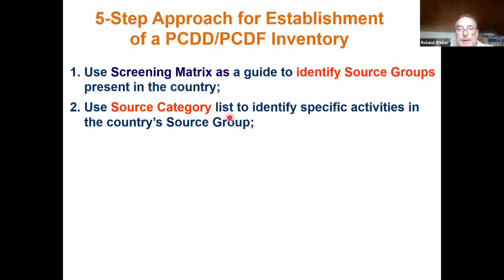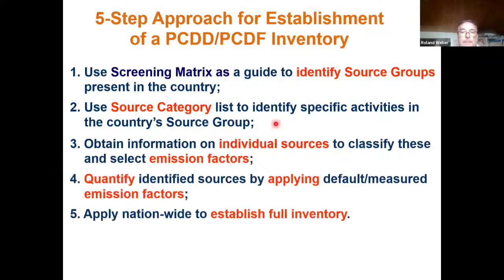Then in the next step, you obtain information on the individual sources. This means you go to the individual hospital waste incinerator to understand how much waste they incinerate. You might get it from the health ministry, but you also need to understand the technology of the individual incinerators. I think last time you had about 10 medical waste incinerators.